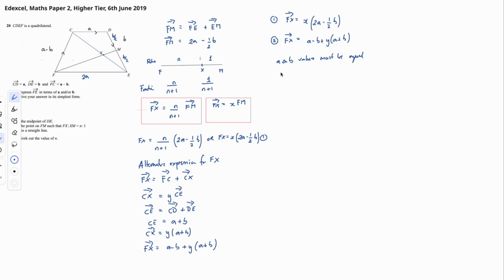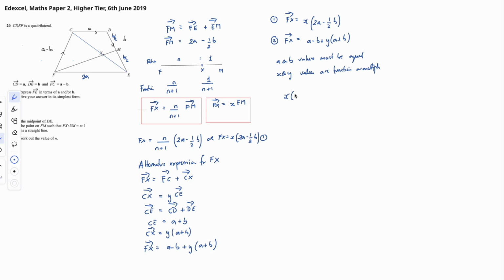You need to remember that the x and y values are fractions or multiples. So they are not a and b's. They are not vectors themselves, they're multipliers of those vectors. So let's try and equate these and see what we get here.